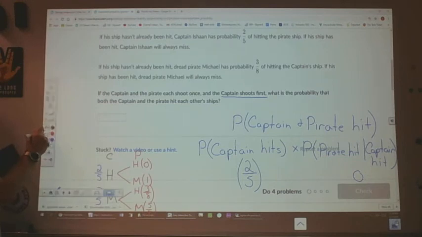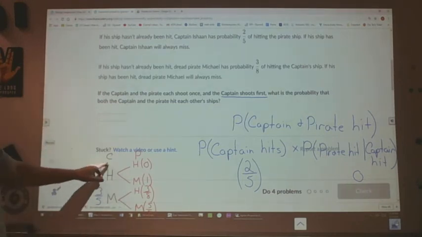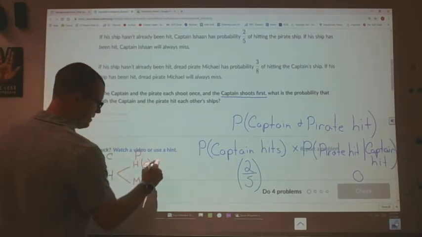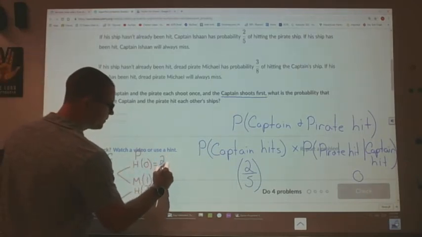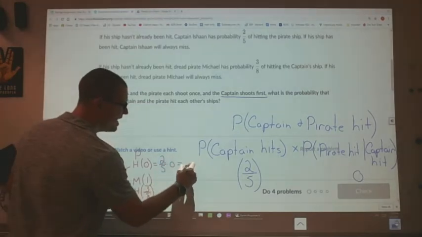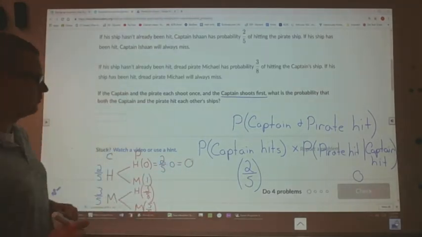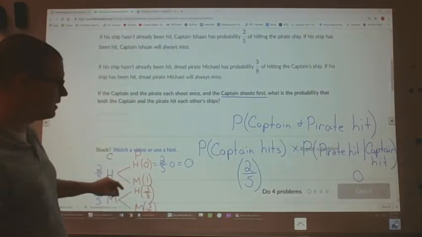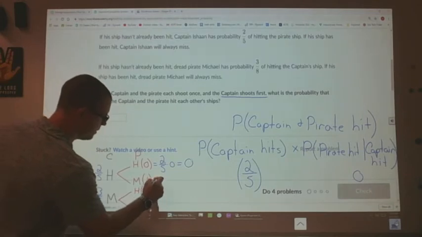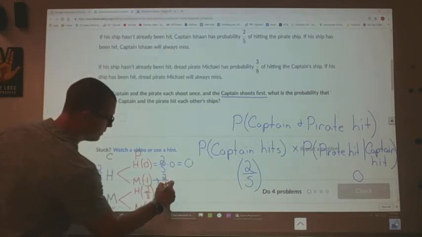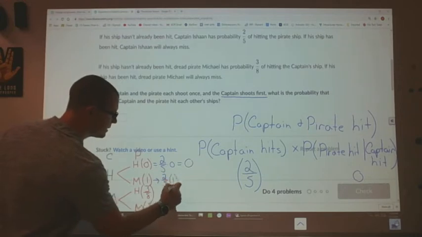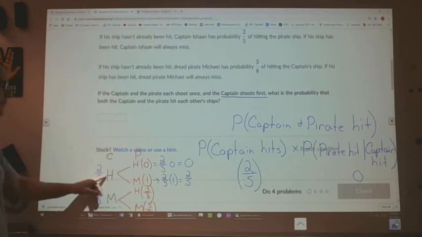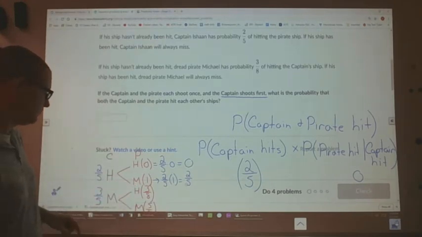So now we can look at the probability of these things occurring. The probability that the captain will hit and the pirate will hit is 2/5 times 0. So that's never going to occur, which is this one, 2/5 times 0. Both of them hitting is not possible given the likelihoods. This one will happen, 2/5 times 1. So 2/5 of the time, the captain will hit and the pirate will miss.